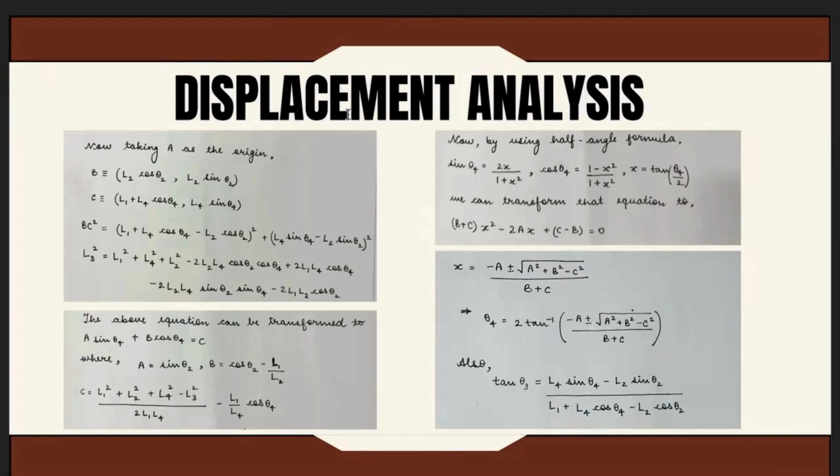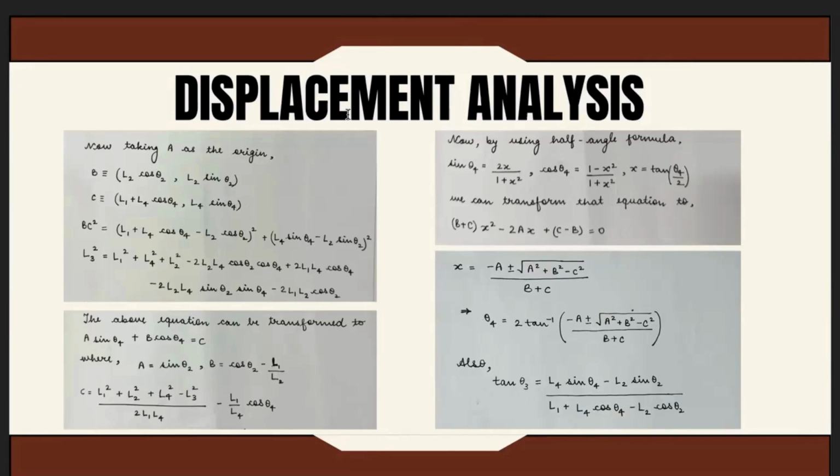Finally, we get theta 4 as twice the tan inverse of (minus a plus or minus the root of a square plus b square minus c square) over (b plus c). A is nothing but sine theta 2 and b is cos theta 2 minus L1 by L2. In the same way, we can get the value of tan theta 3 as (L4 sin theta 4 minus L2 sin theta 2) over (L1 plus L4 cos theta 4 minus L2 cos theta 2).